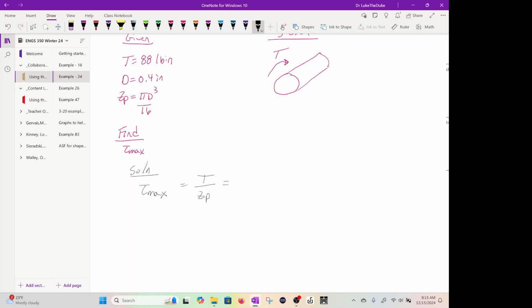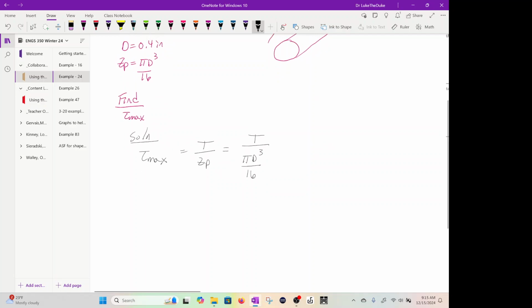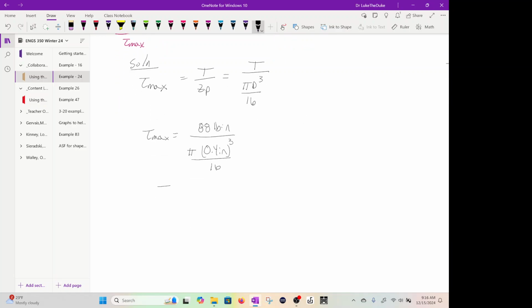And you just got to make sure you use the right formula. Pi d cubed over 16. So tau max equals 88 pound-inch over pi times 0.4 inches cubed over 16. So tau max becomes 7,000 psi.